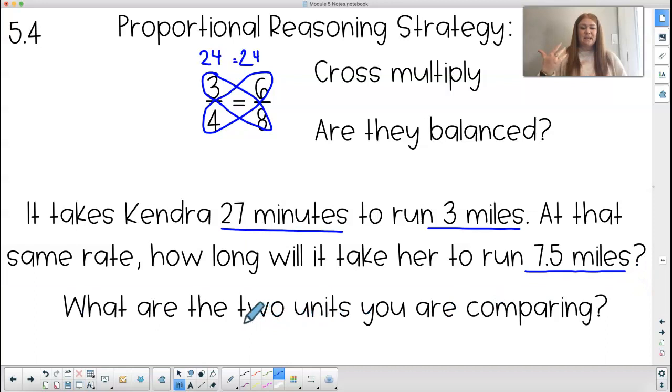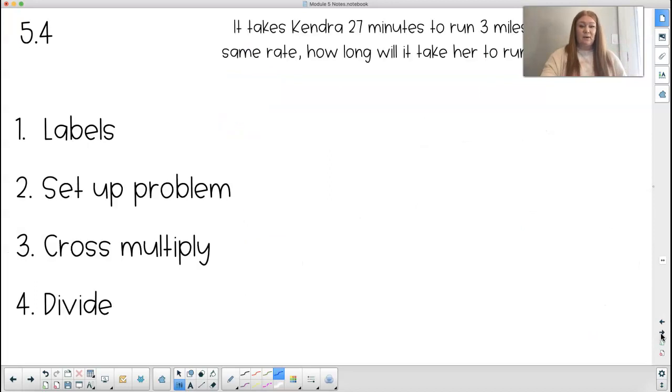So first we need to decide what are the 2 units we are comparing. We know she's running this many minutes, and she did that for 3 miles. So we've got minutes and miles. Those are the units that we want to keep proportional. So our first step is to set up our labels, and these are very important.